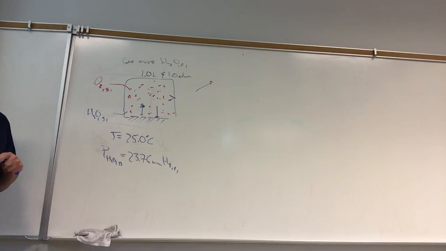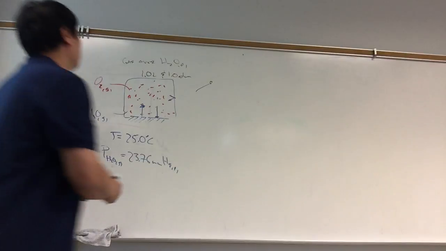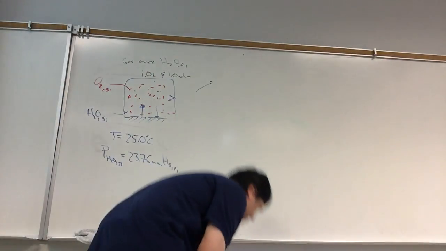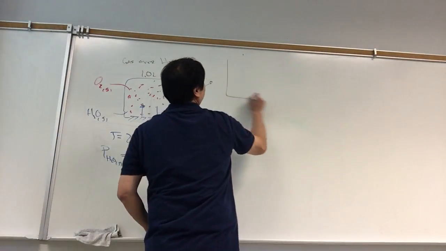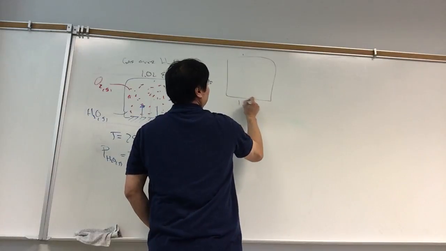Okay, let's do it for Dalton's first. What do I have in terms of Dalton's? All right, in terms of Dalton's, how many liters of oxygen do I have? 1 liter of oxygen. So I got 1.0 liters of oxygen.